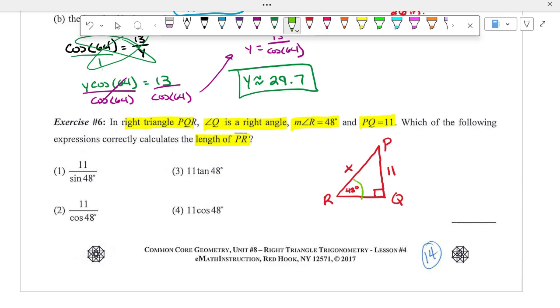Now, before we do anything, we're going to label our sides. So what do I got? So walk me through which sides I'm labeling. What's opposite? What's hypotenuse? What's adjacent? PQ's opposite. Good. What else?